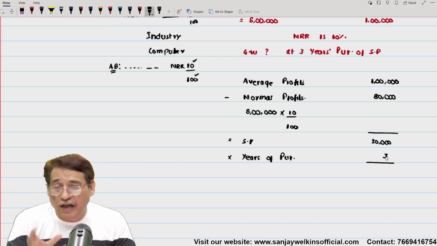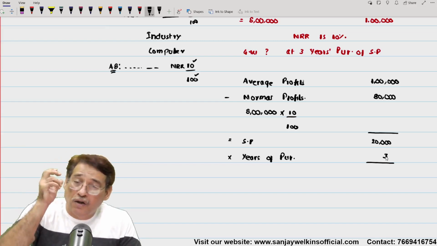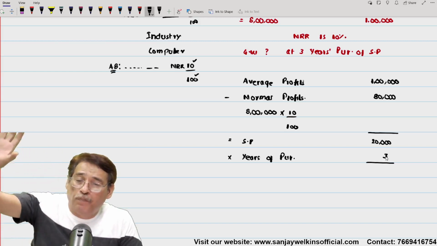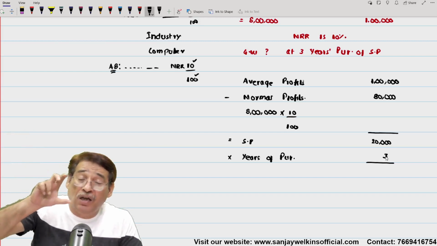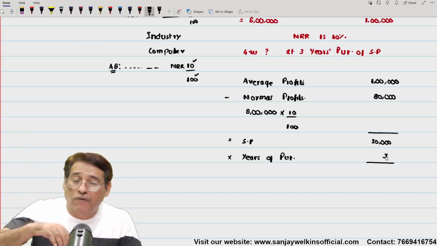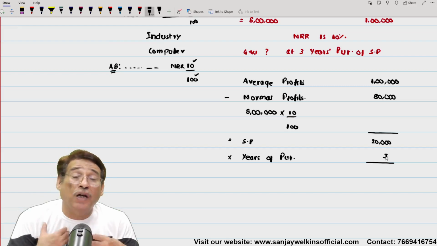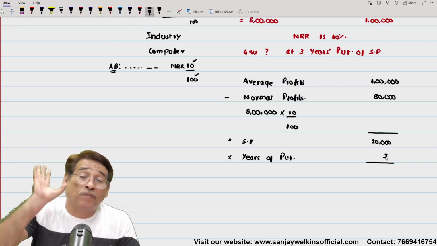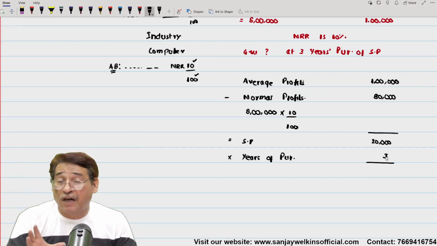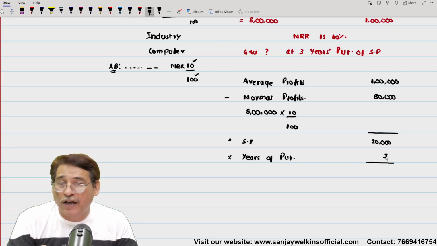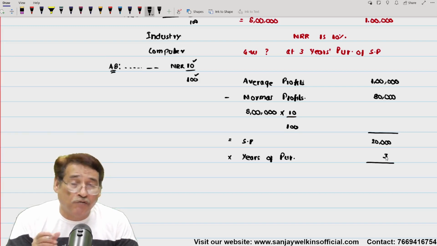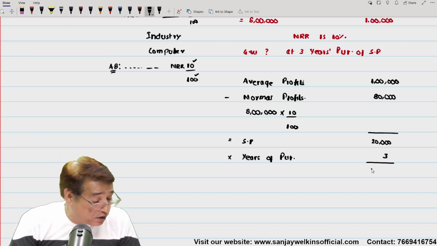It means they are telling Mr. C that you would have required at least a 3 years period to acquire the same sort of goodwill, reputation and profits which we are earning presently, if you had started the business all alone. That is what we mean by years of purchase. So 60,000 in this case will be your goodwill.